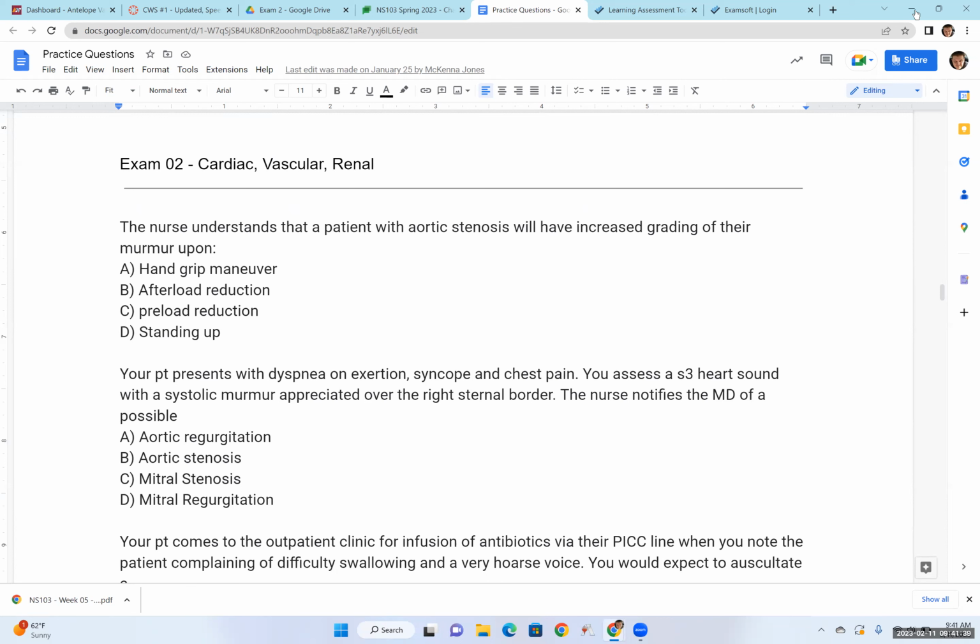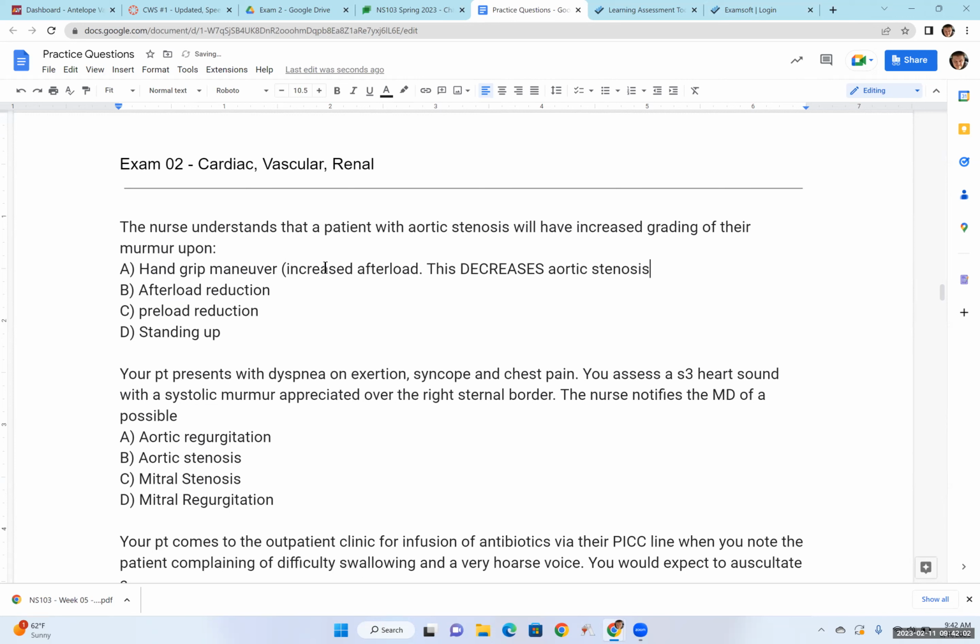All right, so a nurse understands the patient has aortic stenosis, and will have an increased gradient of their murmur when they do what? So hand grip maneuver means what? Means increase or decrease afterload? Increased afterload. And this decreases aortic stenosis. It's the only one.